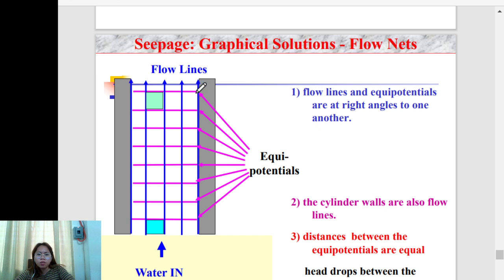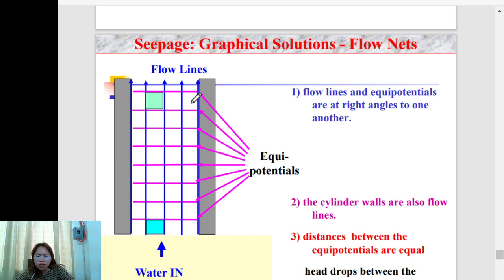If you try to measure the head loss between each horizontal line, it is the same head loss or the same hydraulic gradient.